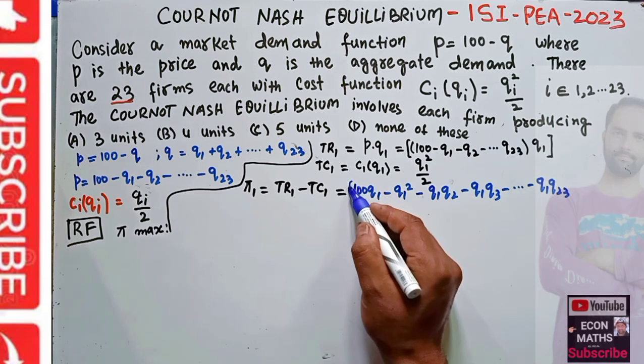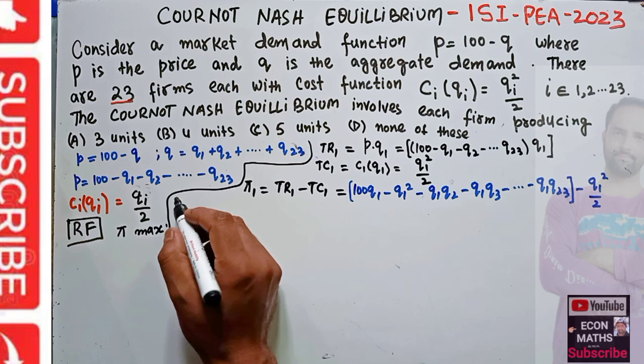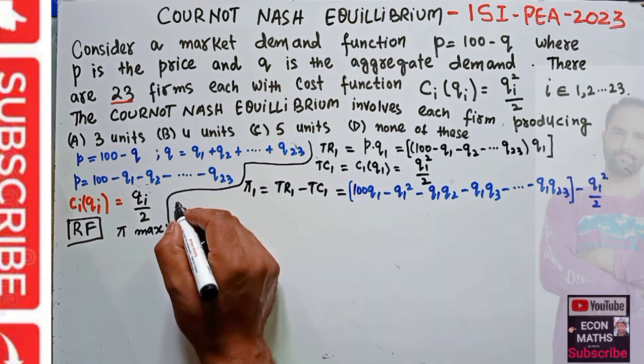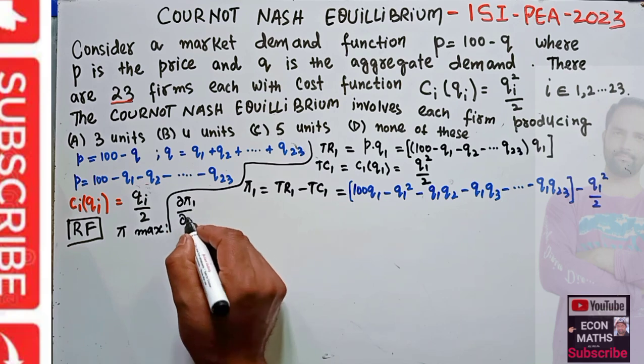This is our total revenue. To this we subtract the total cost, that is Q1 squared upon 2, which implies that profit maximization now requires that del pi 1 upon del Q1.